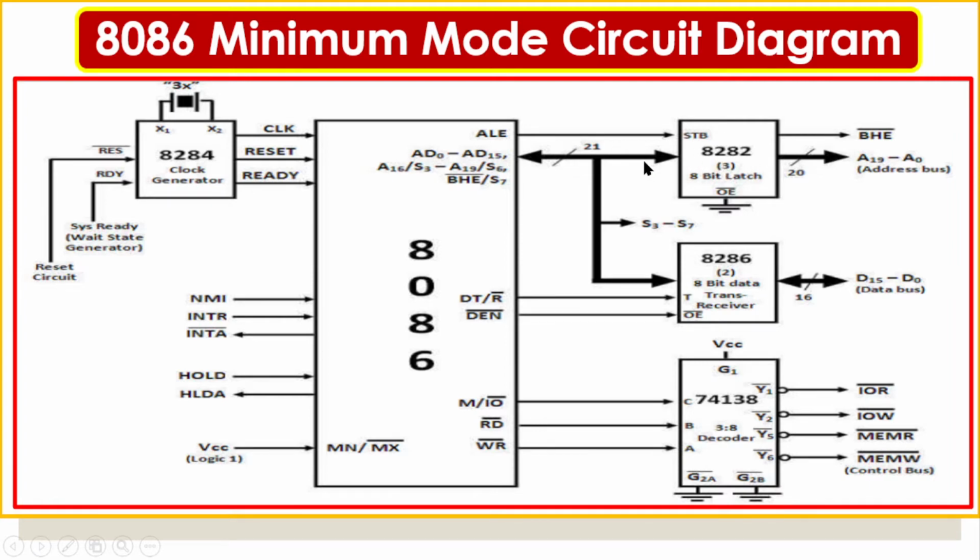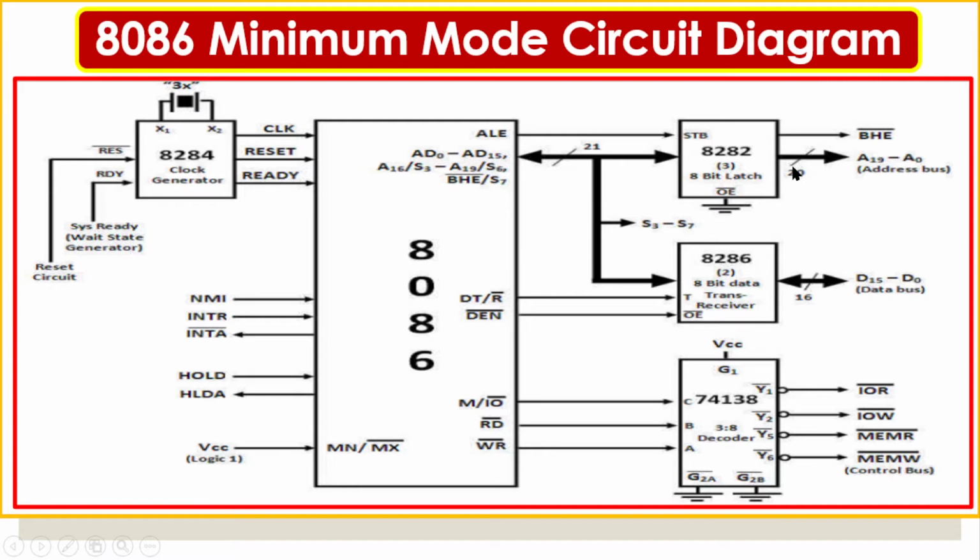So here we are giving AD0 to AD15 as input to the latch. We are giving address latch enable as the enable signal here. Whenever ALE is 1, the processor will place the address value on this multiplexed bus. If the enable is 1, the latch will allow the address to the output of the latch.